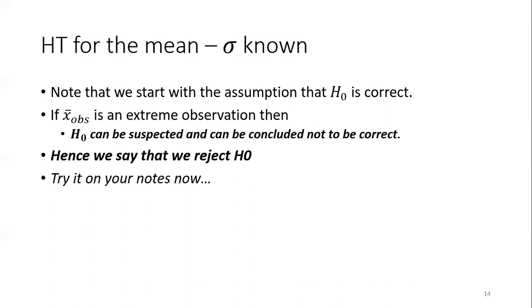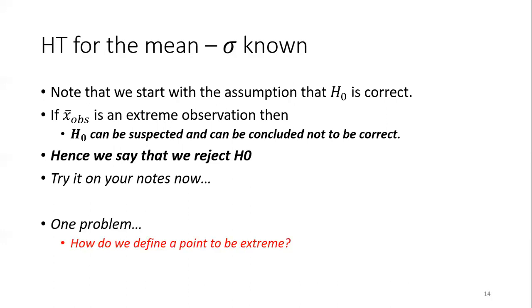That's great. So we talked about this. One problem is, how do we define a point to be extreme? What does an extreme point mean? So again, let me plot the distribution of X bar. Here I have 70, and the sigma of X bar is equal to 1.